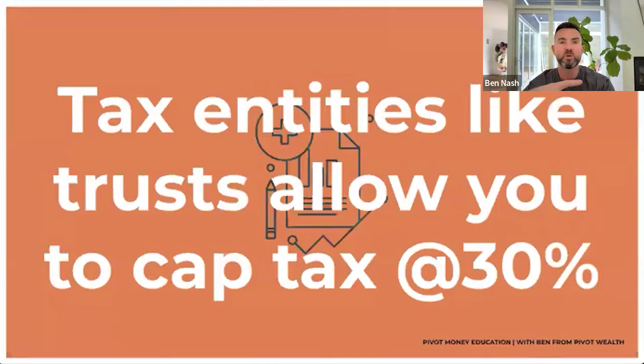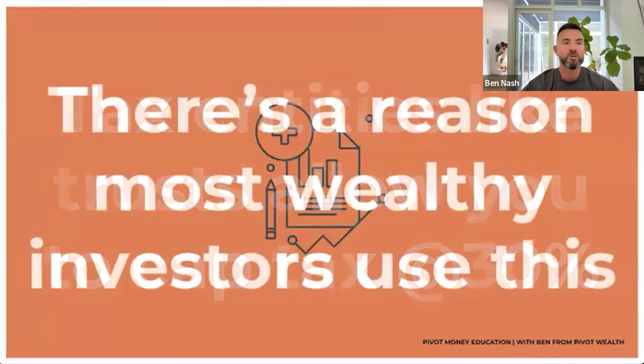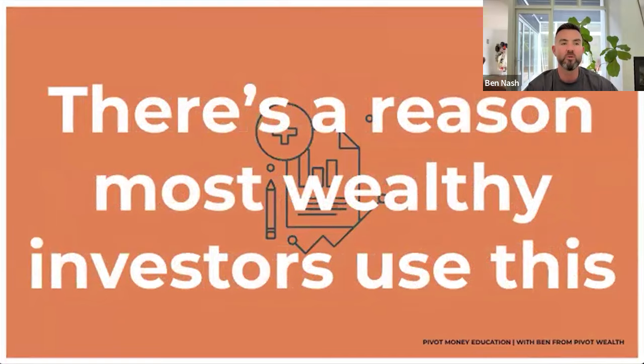But if you've got money that's building and growing for the future, you do not need to be paying more than 30% tax on that income. This is the key reason why most people that have substantial amounts of wealth use these sorts of structures. A trust is part of the mix, and using other tax entities is typically part of the mix.